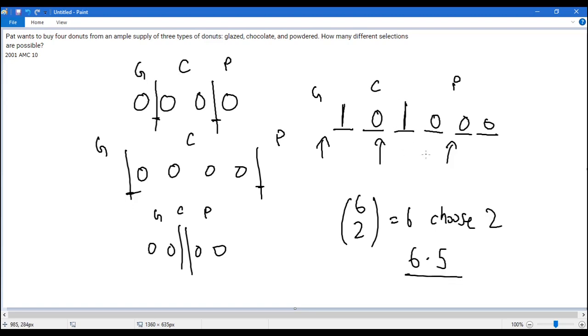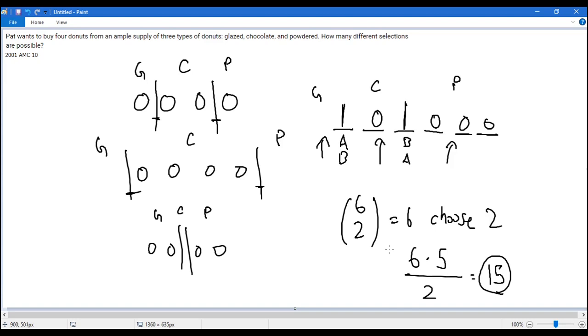But if you can pick this first, then this, or you can pick this first, then this, so you count everything twice because you can flip the order that you choose. So you must divide by 2. This gives 15 as total combinations of donuts that you can buy.